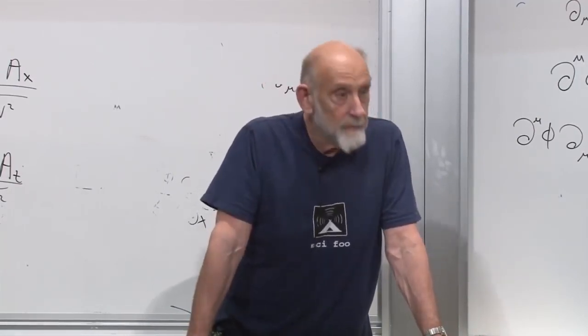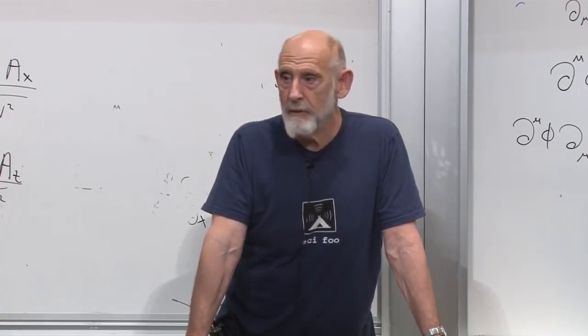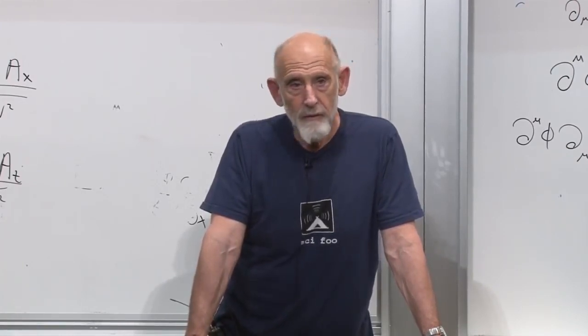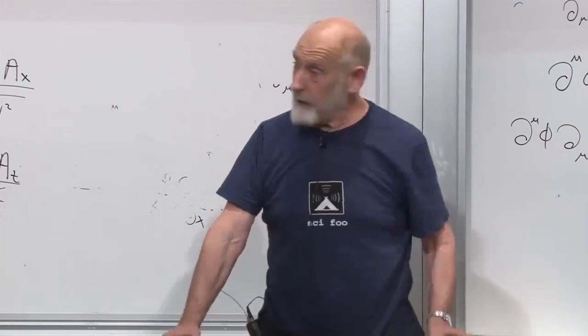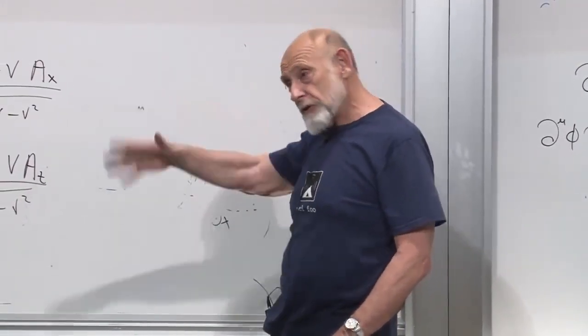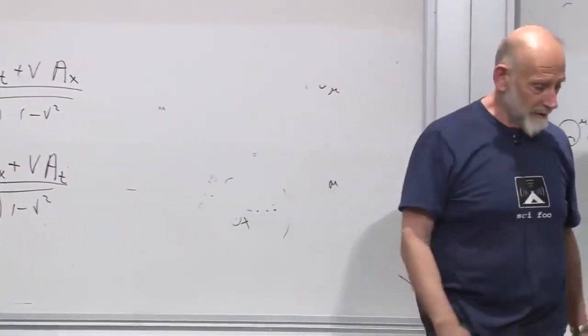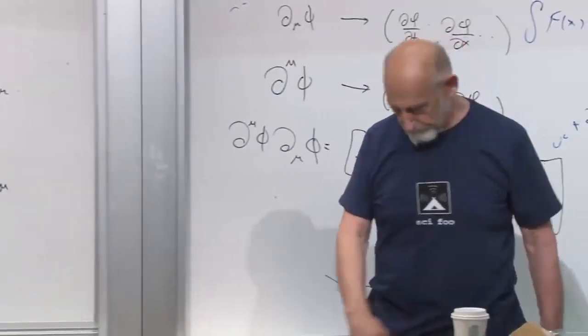Other questions? Okay, if not, we'll move on. This is all very easy stuff. It's very easy. It's just notation. But until you learn it, it's a little bit unfamiliar.